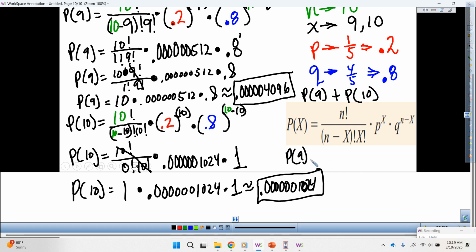P of 9 plus P of 10 is equal to I think it's 5 zeros, I believe.